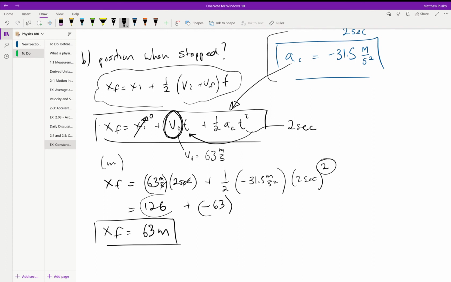Imagine if this term ended up bigger. Let's even say it was 140 minus 63. 140 minus 63 gives us 77 meters. So, just by having a larger initial velocity when it hits the deck, it's going to have to travel further, even though it's undergoing the same deceleration in this case. Alrighty.